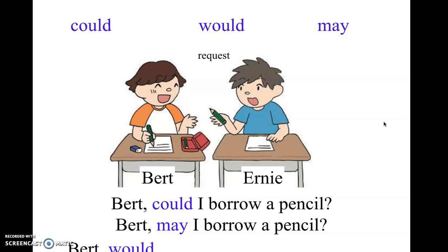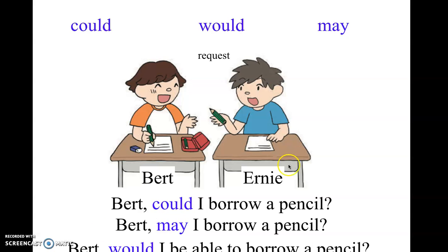Now the third one, would, is sometimes more difficult to use in a question. "Bert, would I be able to borrow a pencil?" Notice we can't say, "Bert, would I borrow a pencil?" That's a strange question. It's not asking to use the pencil. We often use would when we're talking about ourselves. I would like to borrow a pencil from you.